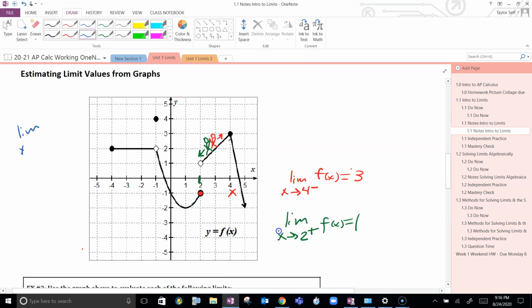So we're going to go to where x is -1 and then come from the left. This is the left-hand side of the line. I'm coming towards -1. Put yourself on the line. What is the y value that my line is getting closer to at -1? It's getting closer to the y value of 2. So that equals 2.